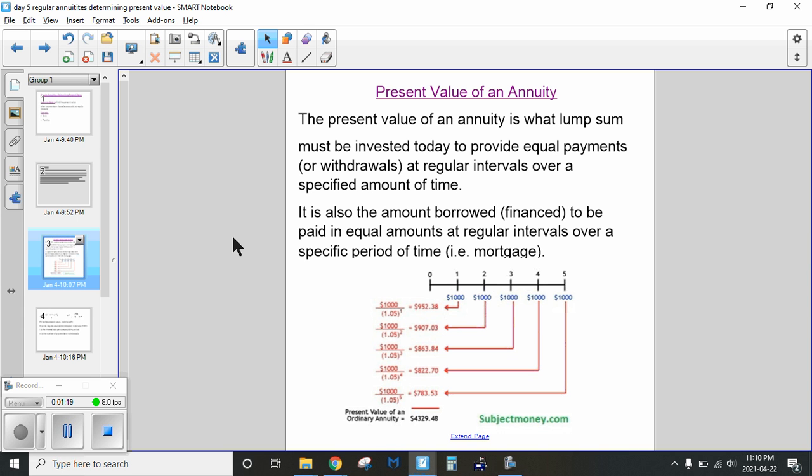Okay, so there's two different scenarios. In the second one, you're borrowing money to buy something. And then the first, the one at the top of the slide, is like you're depositing money so that you can have money later that you know you're going to want to take out, like a savings plan.